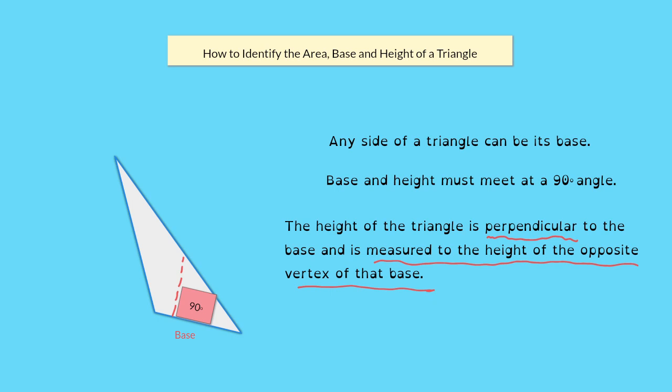And so if my base is at the bottom of this triangle here, where is the opposite vertex? Well, I have a vertex here, and I have a vertex here. What is the opposite vertex of this base? It is the vertex that this base does not touch, which would be here. Okay, and so that means my height has to go up to that point.